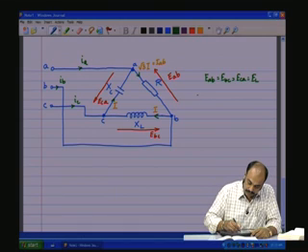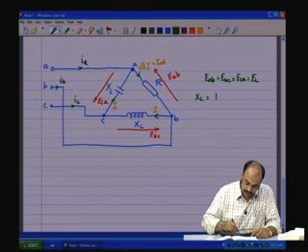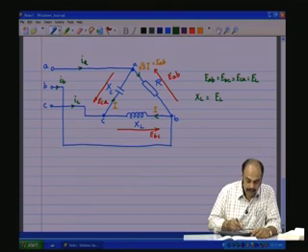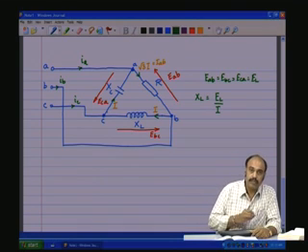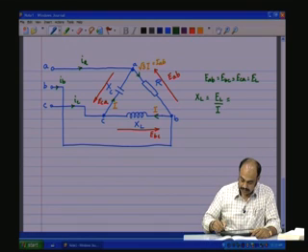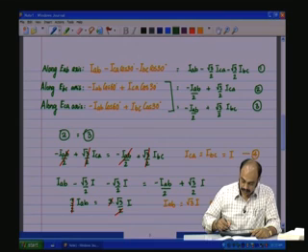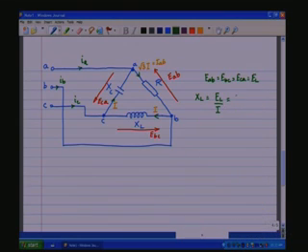Therefore, XL is E line, the voltage across the inductor, divided by I, the current which is supposed to go through it. Now, I is IAB by root 3, so this is E line by IAB by root 3, which is into root 3.